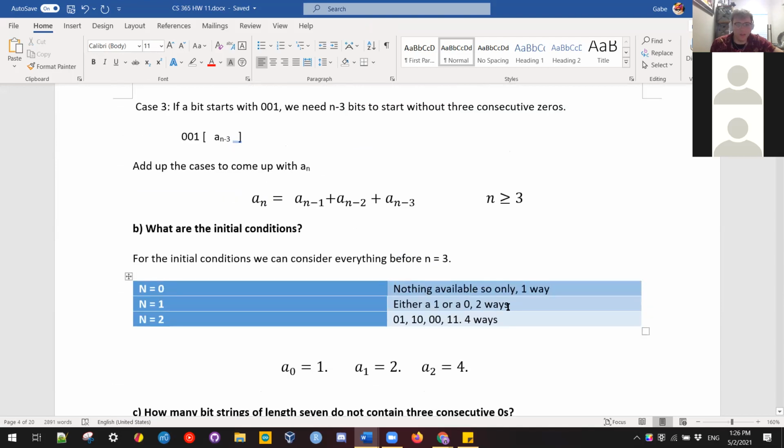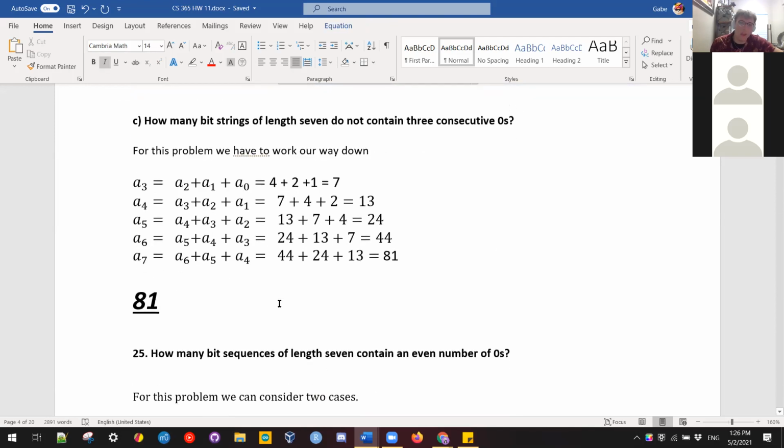Yeah, I agree. So nothing is available, so only one way. And this one's either 1 or 0. So there's 2 ways because neither of those has 3 consecutive zeros. And then for this one, there would be 4 because, once again, all the outcomes for 2 binary digits have no 3 consecutive zeros. So you have 1, 2, and 4. So that one's not too bad.